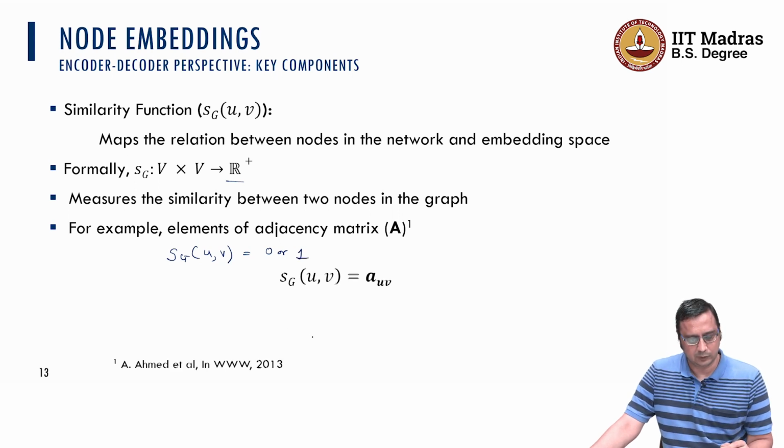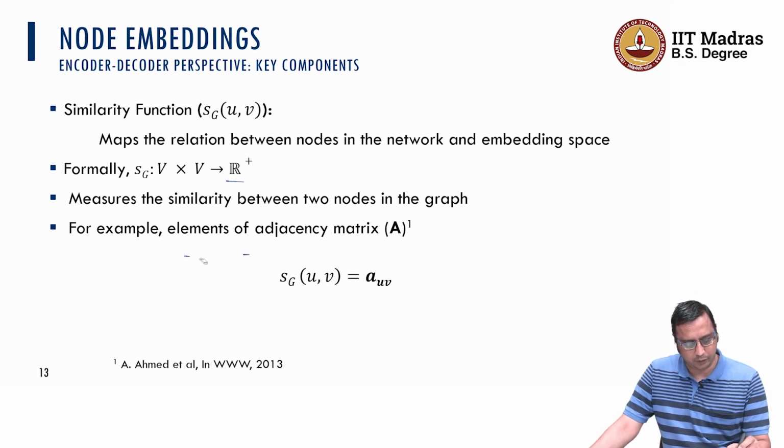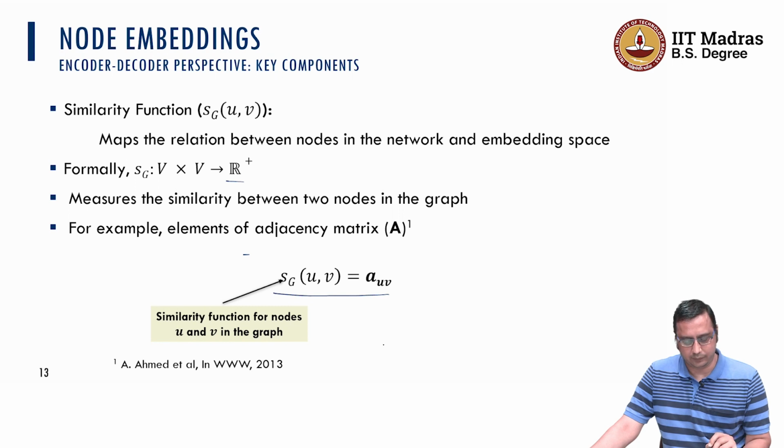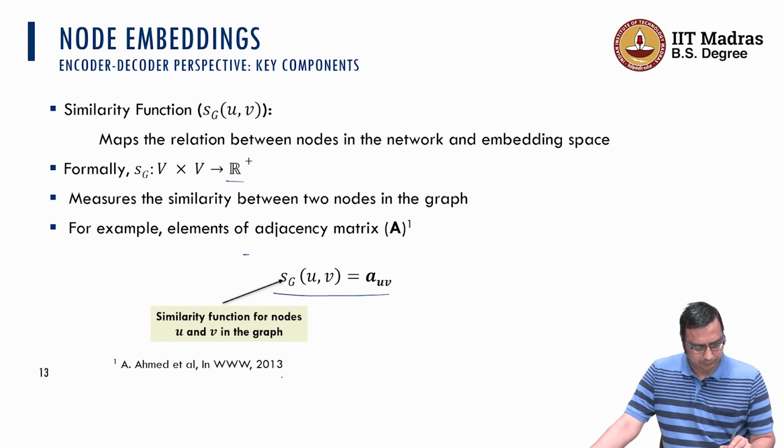As I told you, each element can be represented by S_G. So the similarity function for the nodes u and v in the graph provides us the element u, v of the adjacency matrix A. This particular example we'll look at when we talk about certain methods.